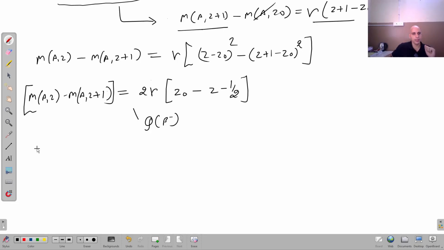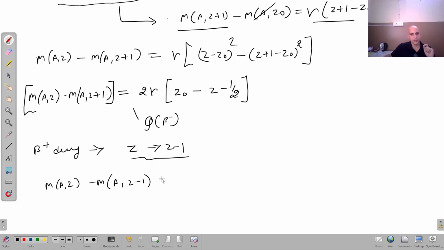Similarly, if we consider beta positive decay, in this positive decay Z goes to Z minus 1, positron emission. Proceeding in the same way, you will get M(A,Z) minus M(A,Z-1) equal to 2 times gamma into (Z minus Z0 minus 1/2). The things will be same, except this term will change in sign.